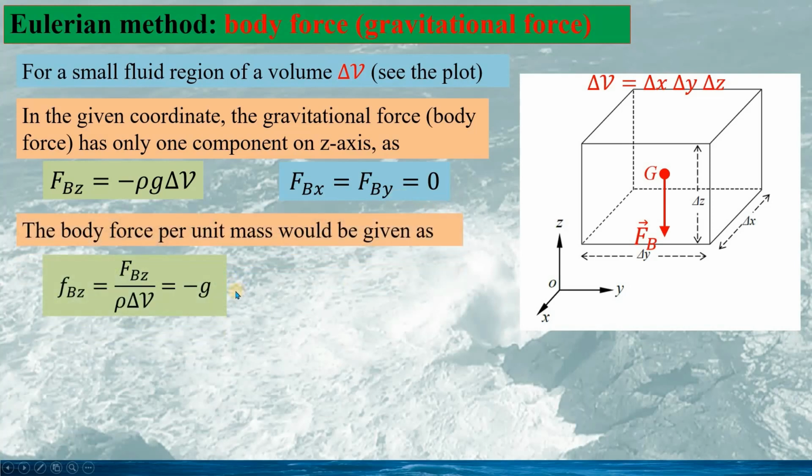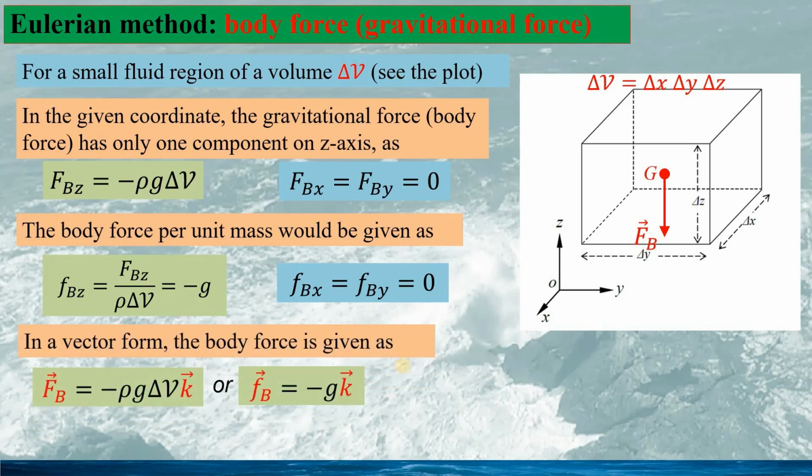Hence, the body force per unit mass would be given as Fbz equaling capital Fbz divided by rho delta V. So it is minus g. G is the gravitational acceleration. And the body force in the x and y directions would be 0.